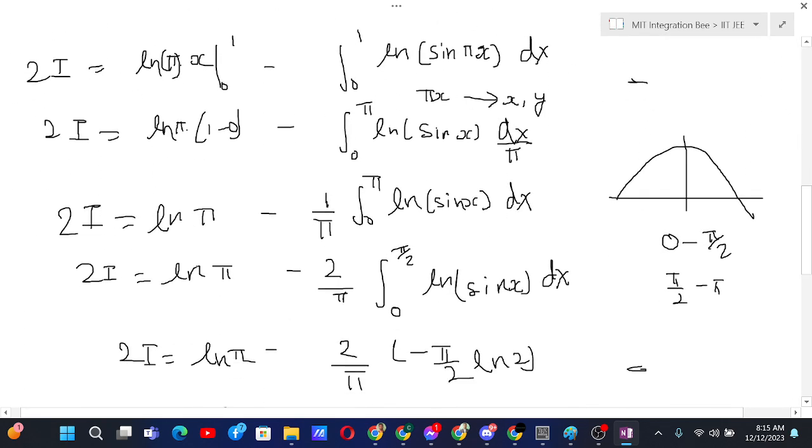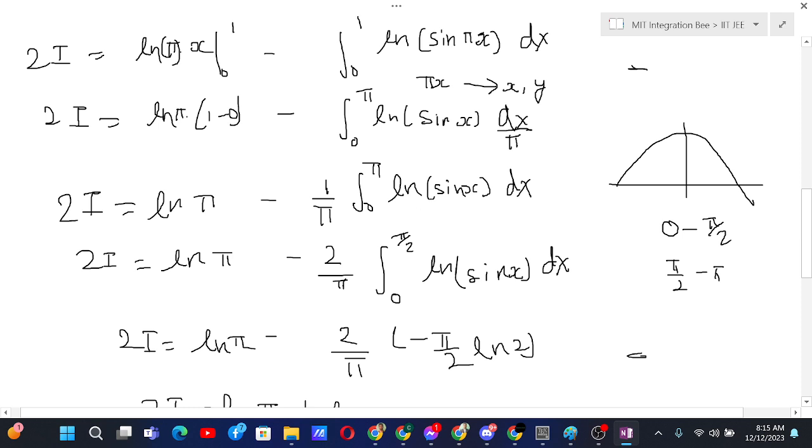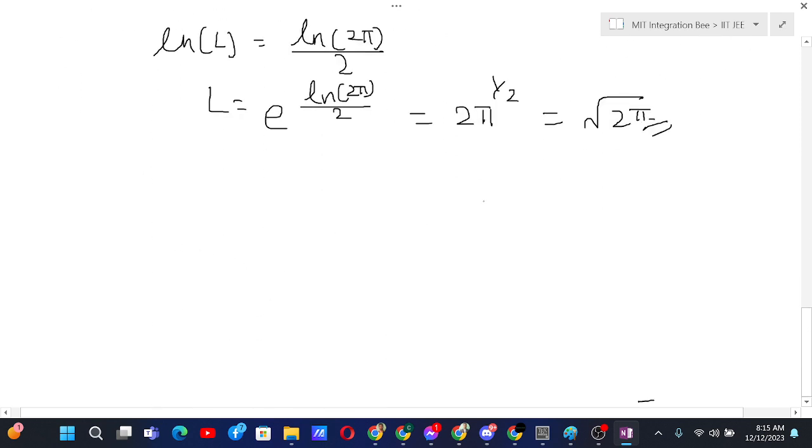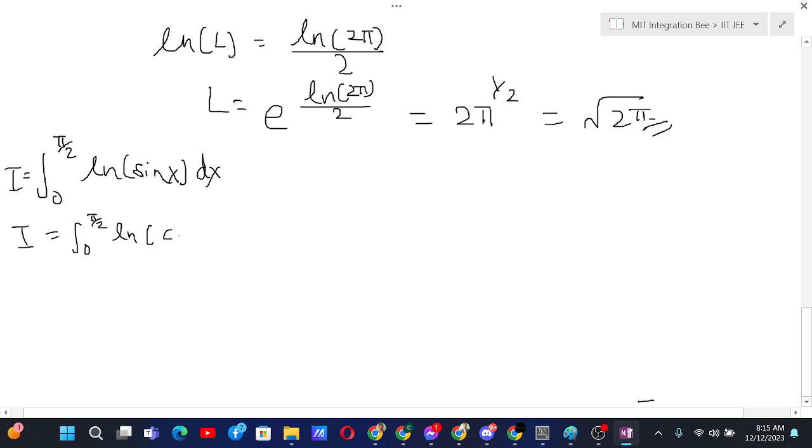Now, if we want to solve this integral, that integral from 0 to pi by 2 of ln sin x dx, let's do that. If this integral is I, we can again use King's rule. So this will be equal to integral from 0 to pi by 2 of ln of sin of pi by 2 minus x, that's just cos x dx.